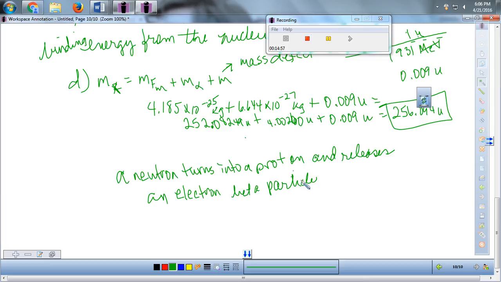So our unstable nucleus, X or Z, whatever we called it, will gain one more proton. So its atomic number will go up by 1, so instead of being 102, it'll now be 103. All right? Okay.